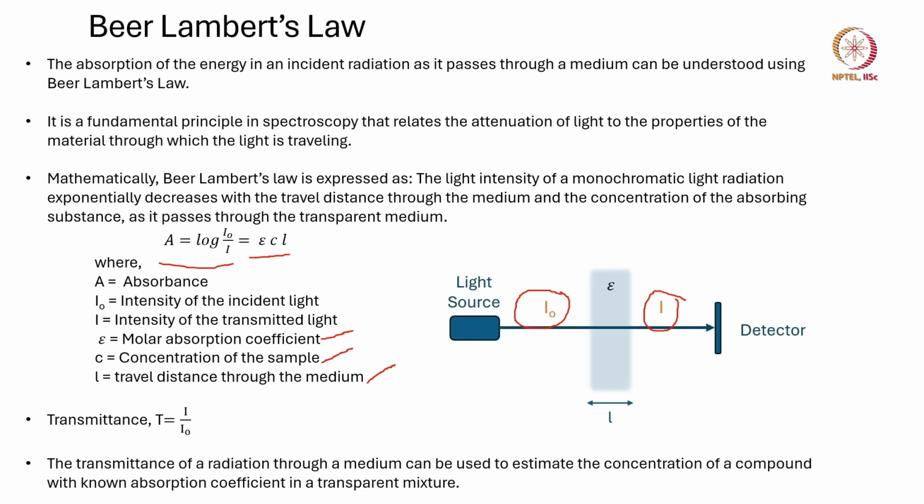Here, the transmittance is I by I naught, which is the ratio of the transmitted radiation intensity to the incident radiation intensity. The transmittance of a radiation through a medium can be used to estimate the concentration of a compound with known absorption coefficient in a transparent mixture.